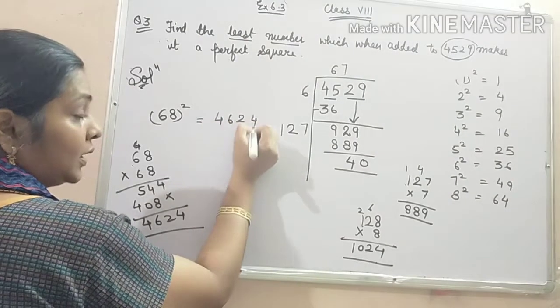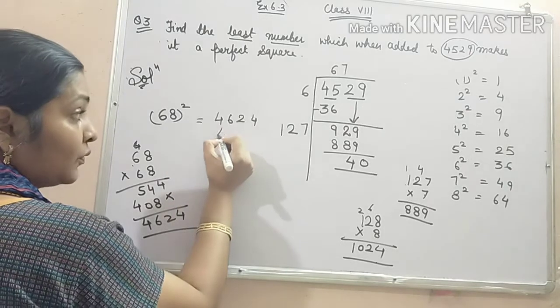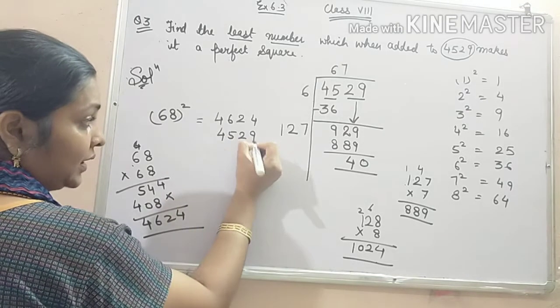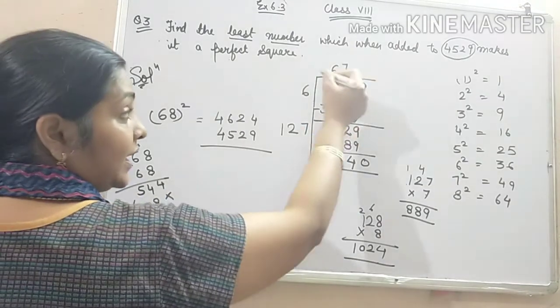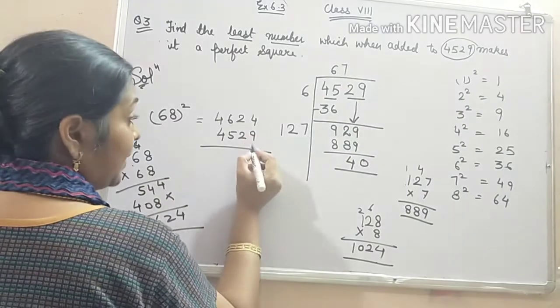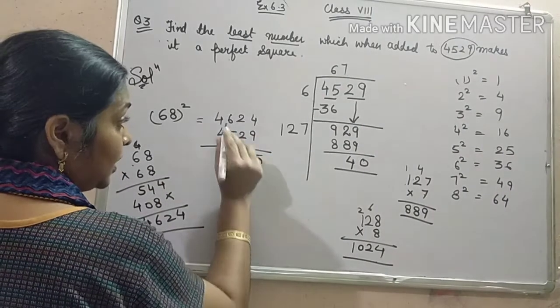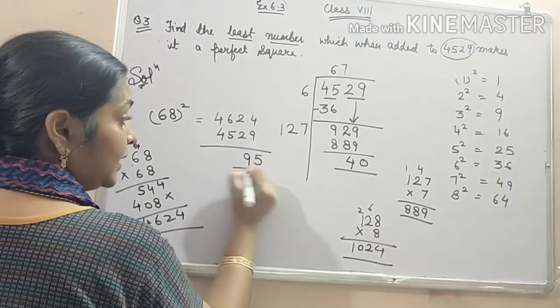So, the number to be added is that we will subtract the given number 4529 from the square of 68, which is one greater than what we received over here. Subtract them: 4 minus 9, borrow, 14 minus 9 is 5. Here 1 will be left, 11 minus 2 is 9. 95.